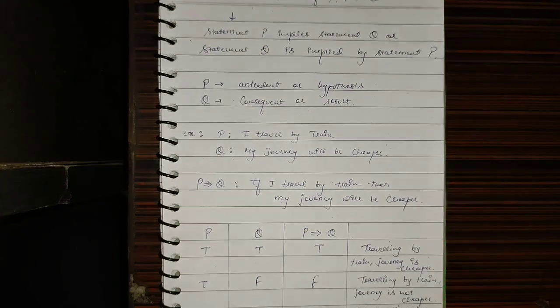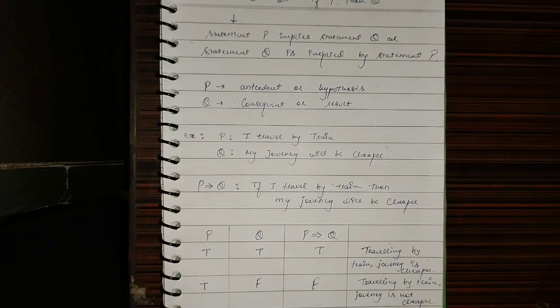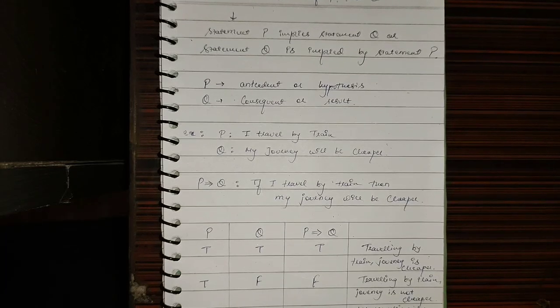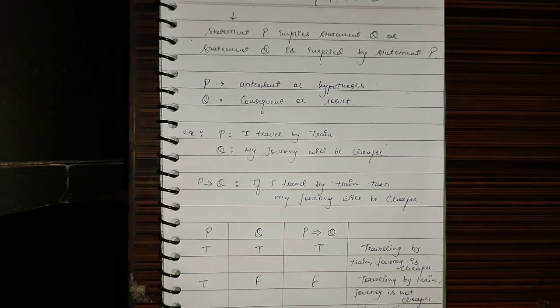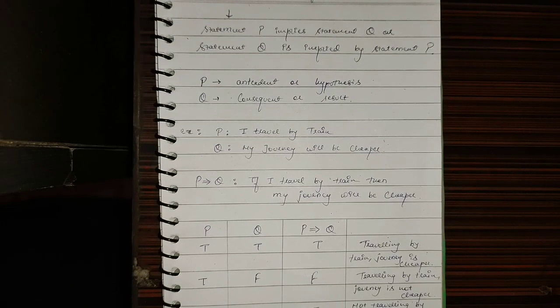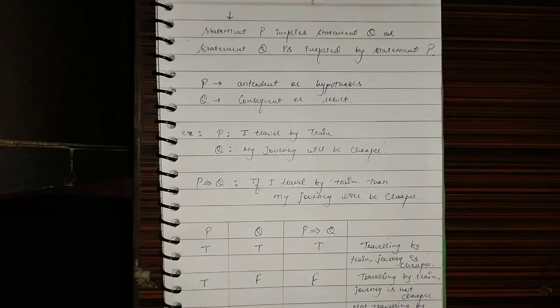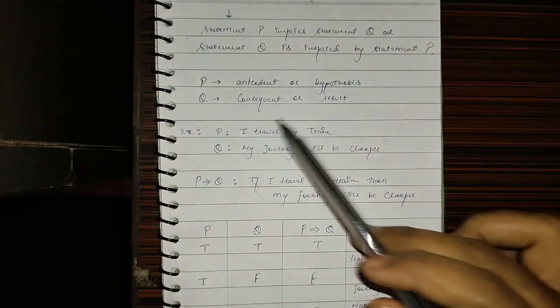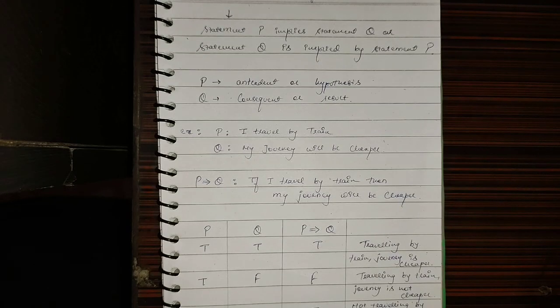It is actually something that we assume or expect to happen. We are saying that P is the hypothesis that we are looking forward to, and Q is called the consequent or result.